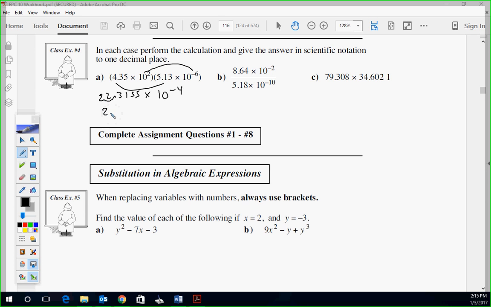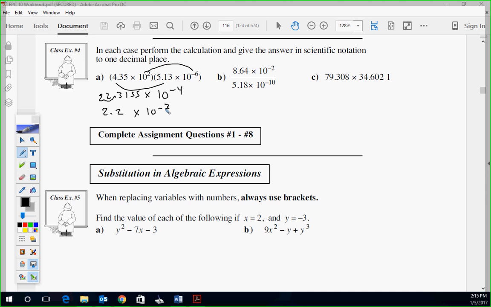So I'm going to go 2.2, because that's what this rounds to the nearest tenth, times 10 to the negative 3, because I add 1. Negative 4 plus 1. Okay, you can figure out if that's right or not by simply just doing it.